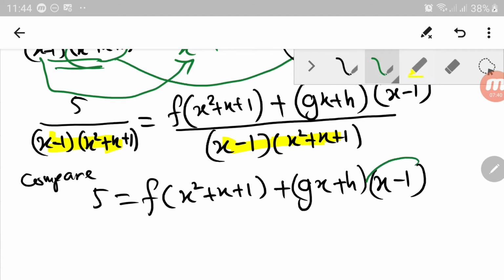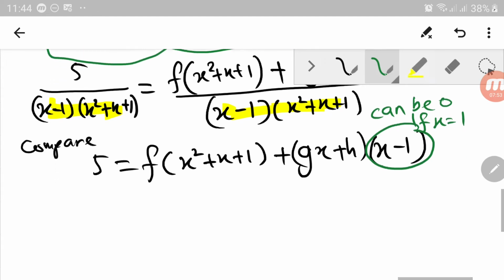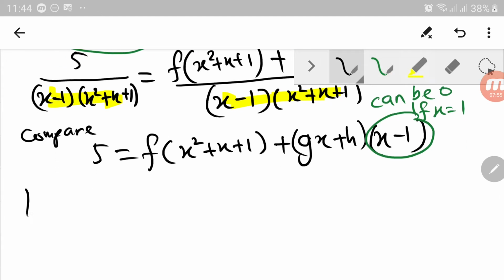Now over here we have x minus 1, so this bracket can be 0 if x equals 1. So we can use this to get f, g, or h, depending on the situation.